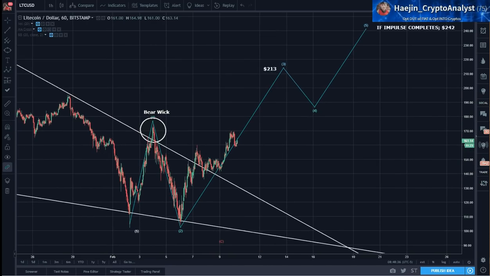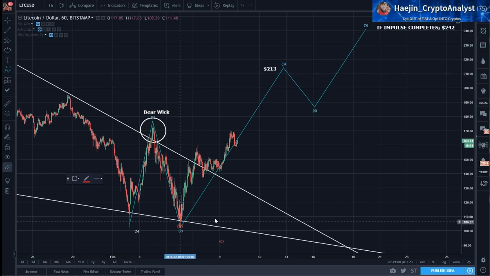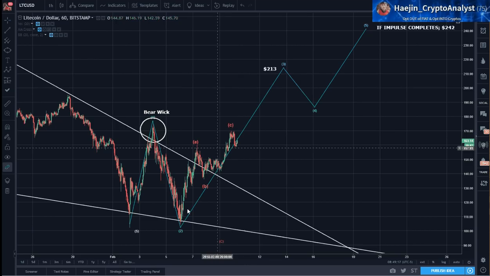So what would be my alternate count? So this is my primary count. The only thing that bothers me so far on this is this whole thing looks very ABC-ish. Three-wave-ish. And if this is very three-wave-ish, we need one more higher high right here.